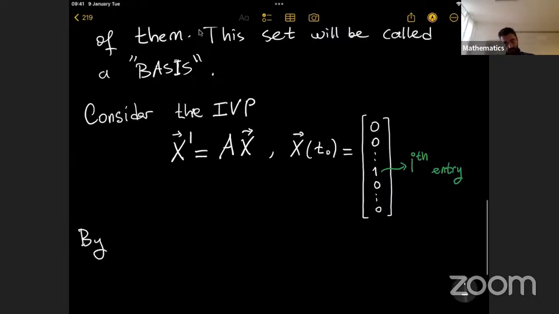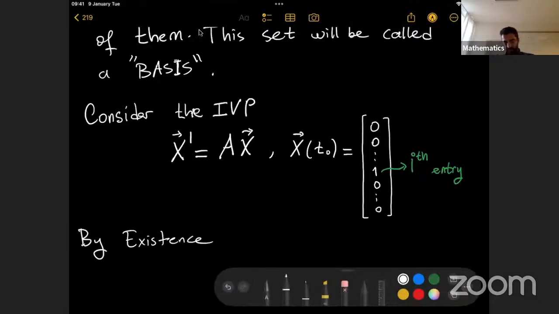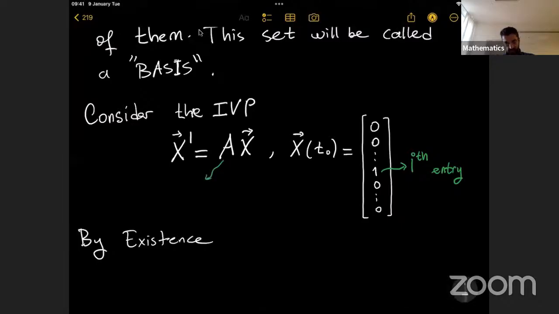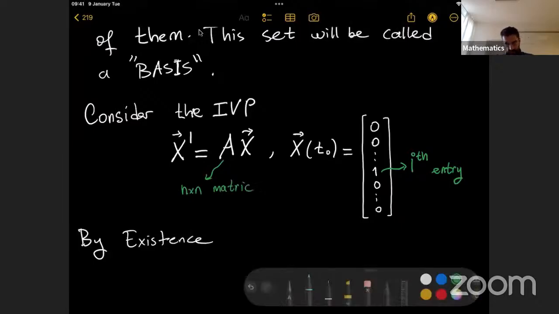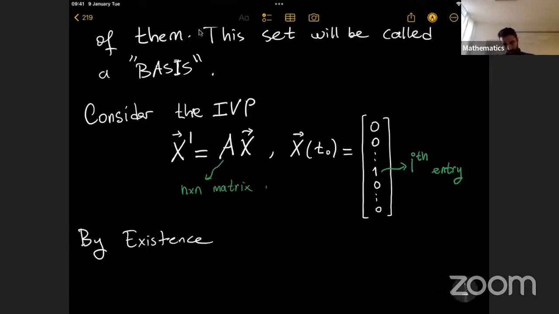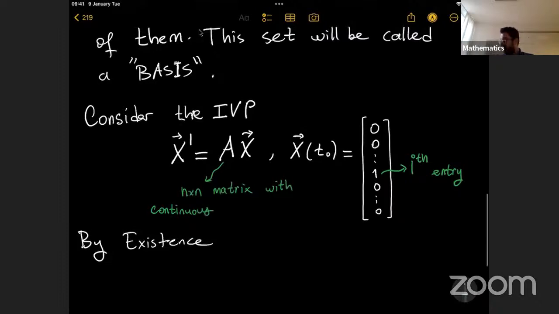Maybe I should say here, A is an n by n matrix with continuous functions.